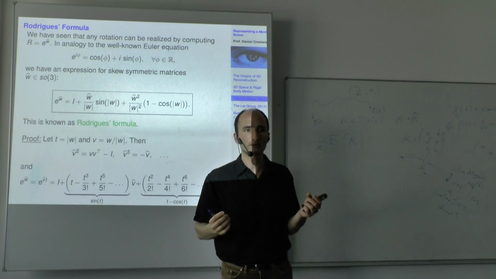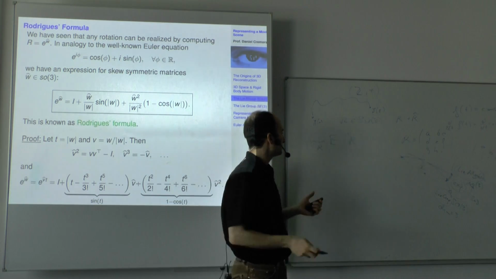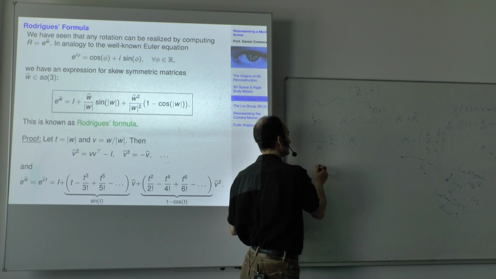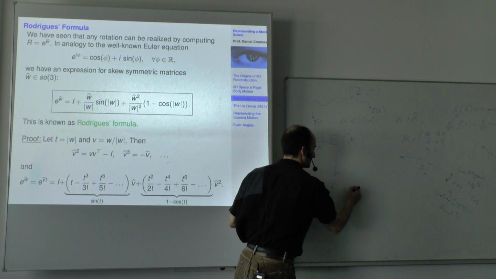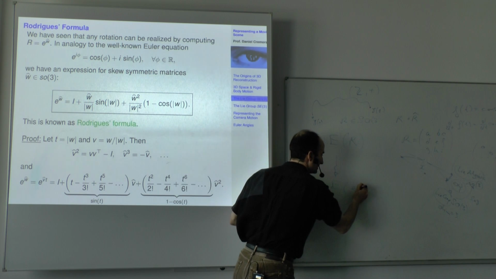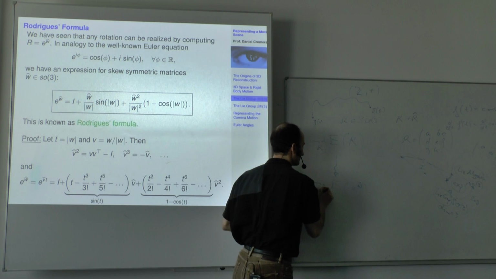Do you take 9 parameters and then say, well, the determinant has to be something? You don't typically do that. What you do is you rewrite that as E of R of W hat, or we can write E to the W hat, and then we minimize over W hat.